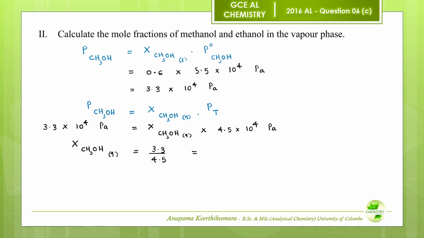The answer is 0.73. The mole fraction of ethanol in the gaseous phase is 1 minus 0.73. Therefore, the answer is 0.27.